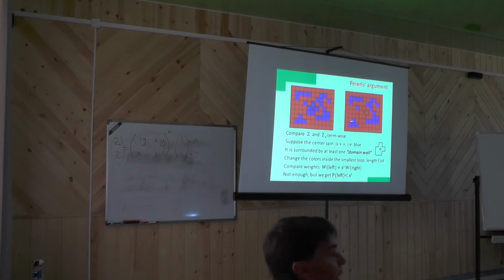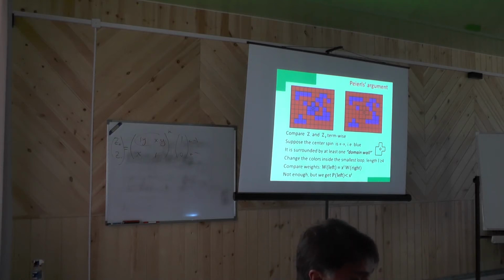So is this enough? Well, this is not enough. Why is this not enough? The main reason is that there are different left configurations which get mapped to the same configuration on the right. For example, I could have taken a very small loop of length 4 and flipped it to blue inside it.